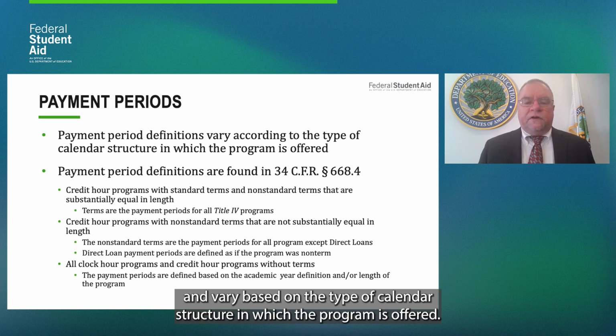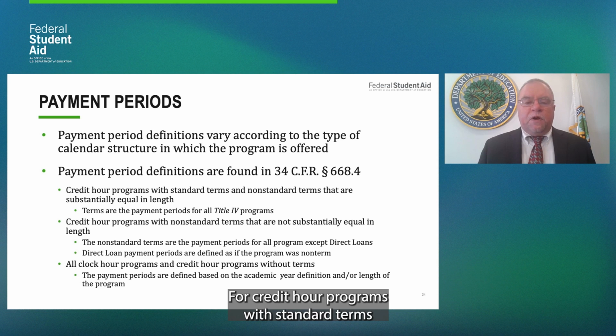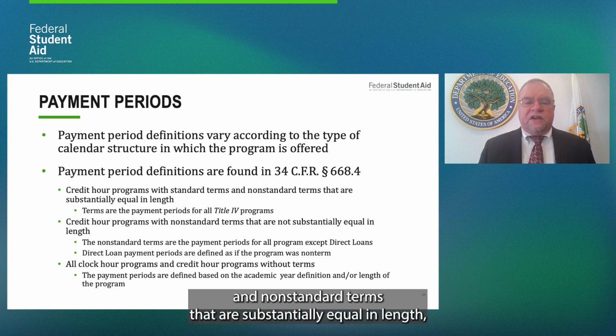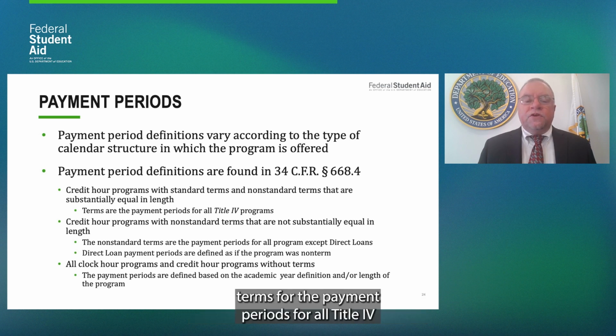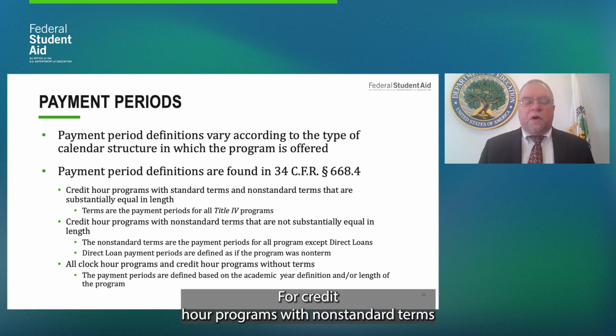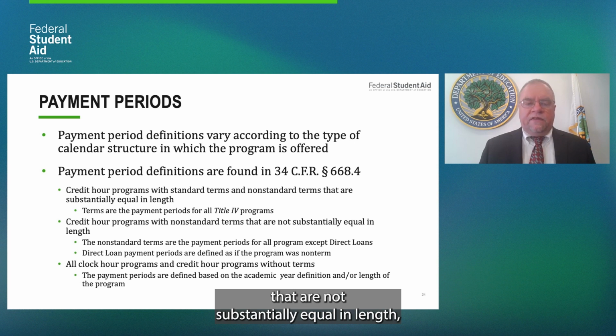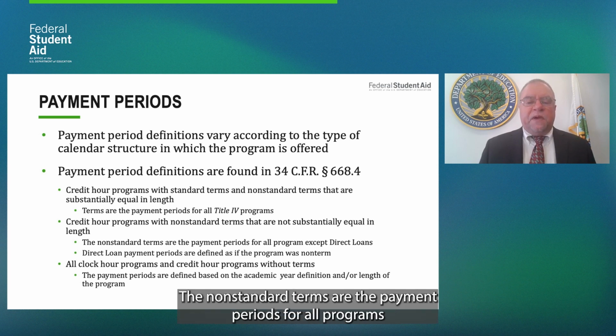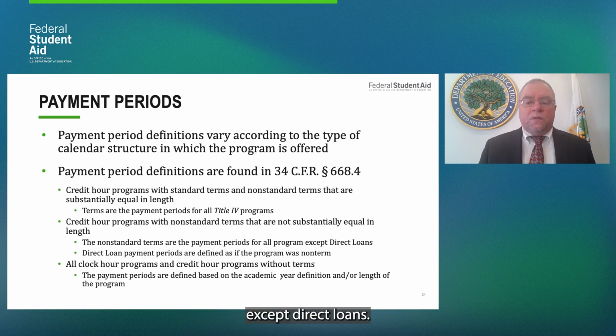the program is offered. For credit hour programs with standard terms and non-standard terms that are substantially equal in length, terms are the payment periods for all Title IV programs. For credit hour programs with non-standard terms that are not substantially equal in length, the non-standard terms are the payment periods for all programs except direct loans.